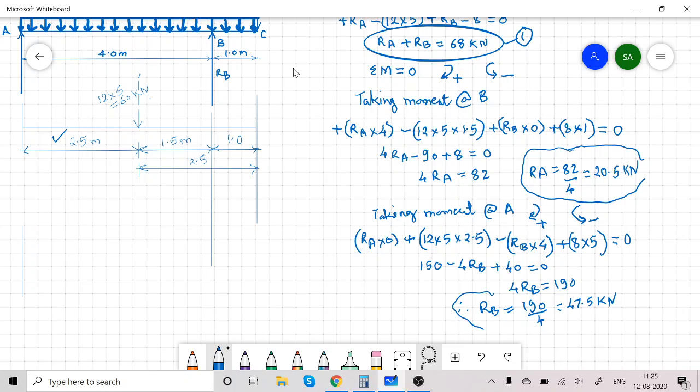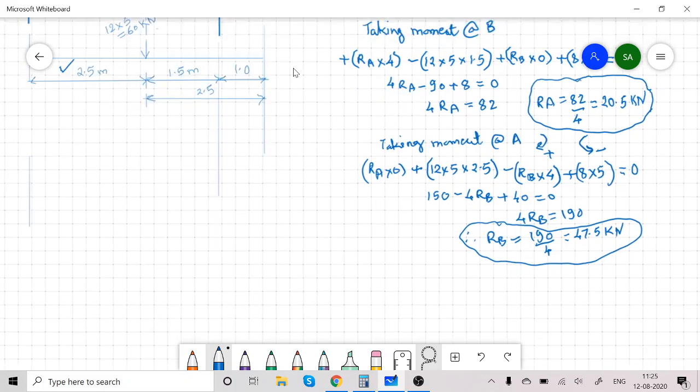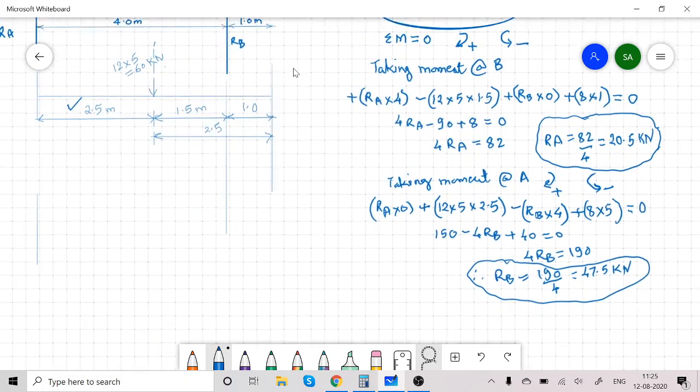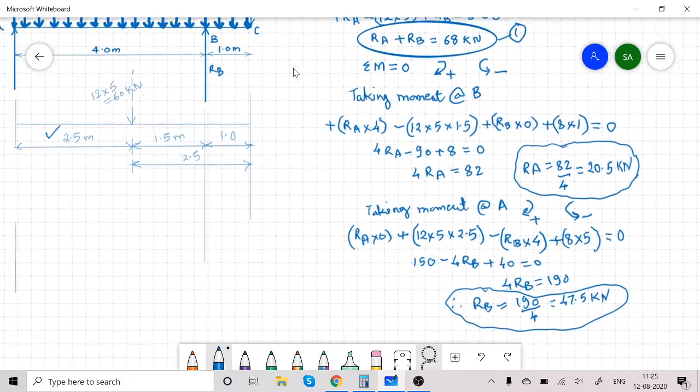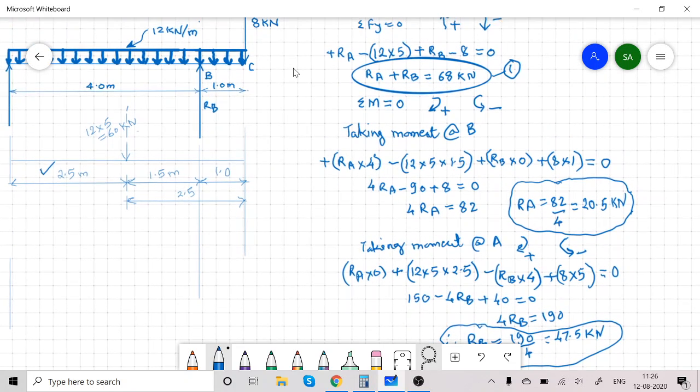So we got RA 20.5, RB 47.5. So let us check whether the total is equal to according to the equation 1 or not. So RA we got 20.5 kilonewton, RB we got 47.5 kilonewton. So total is 68 kilonewton, which is according to equation number 1.